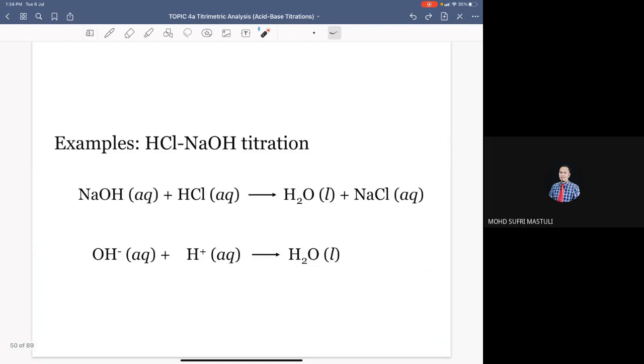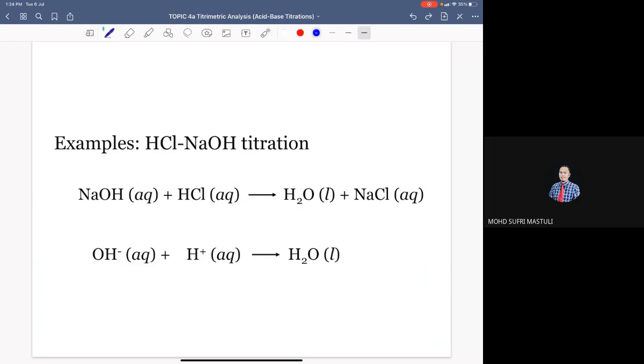Okay. So this is an example of strong acid and strong base titration, HCl and sodium hydroxide. When you do the titration, the sodium hydroxide will react with the hydrochloric acid to produce sodium chloride.